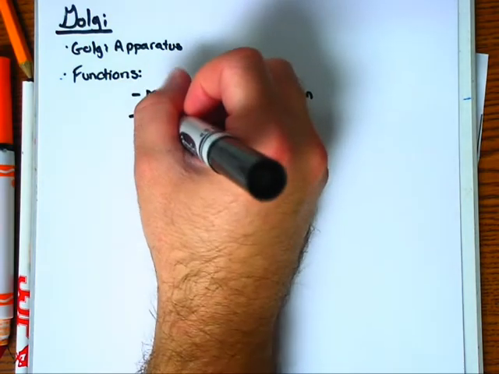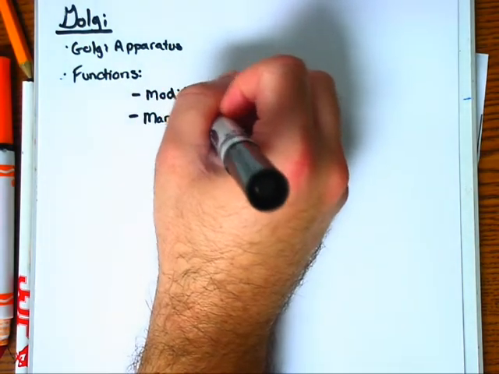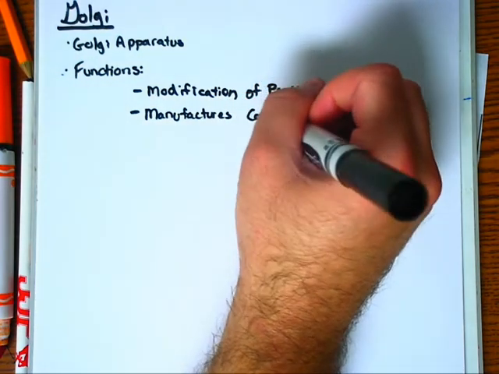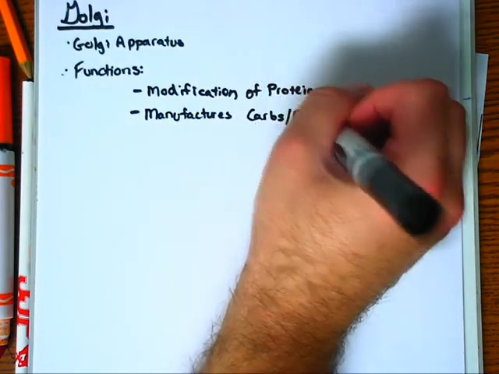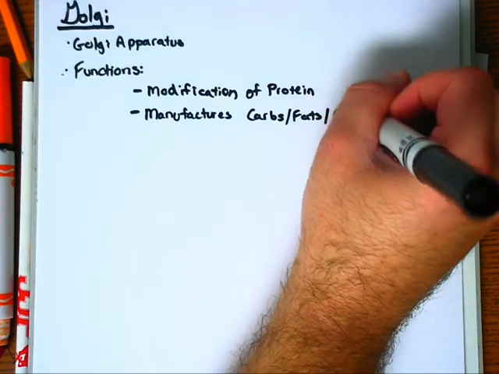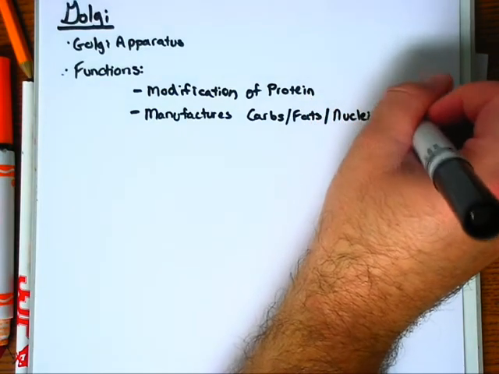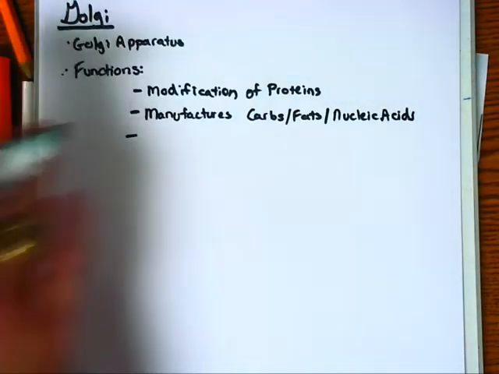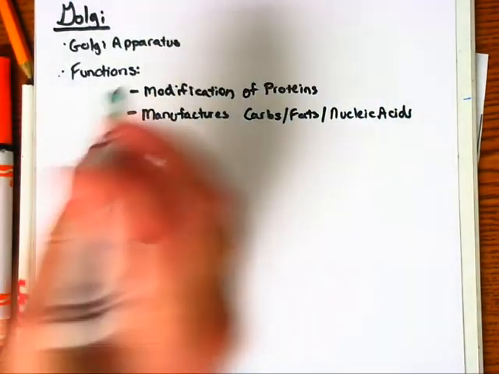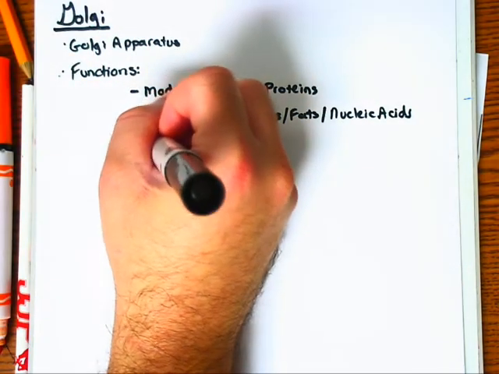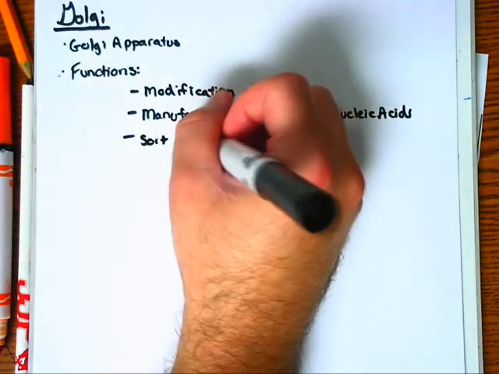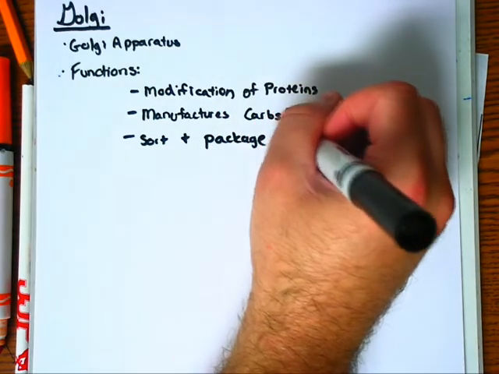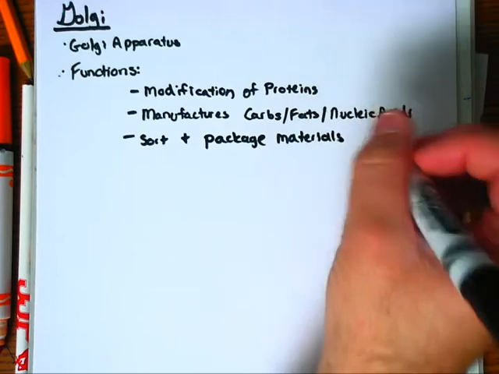It itself can manufacture carbs, fats, and nucleic acids. And lastly, its most important feature, the feature that you're probably most familiar with, is how it is able to sort and package certain materials into transport vesicles.